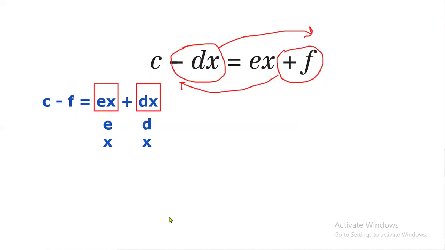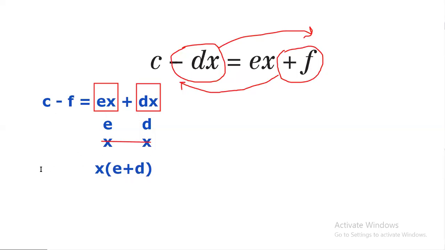Now you take the common ones between them, which are the x's. You take one of them only and you write it outside a bracket like this. And then you open a bracket. This is what we do when we factorize. And then what's left here? We left an e. And then the sign which is positive, and then what's left here, it's a d, and then you close a bracket. This is how you factorize to make it 1x. So this is how you turn two x's into 1x.